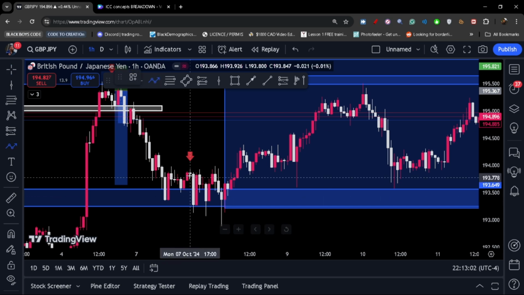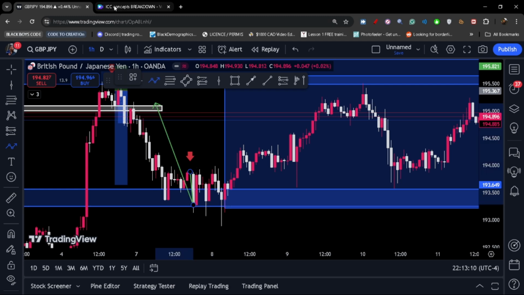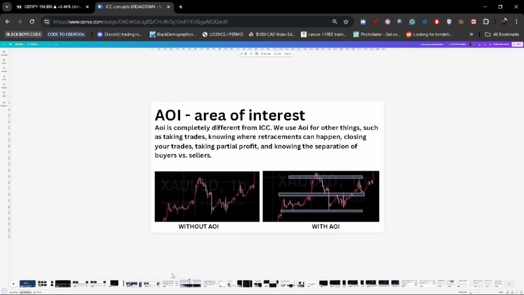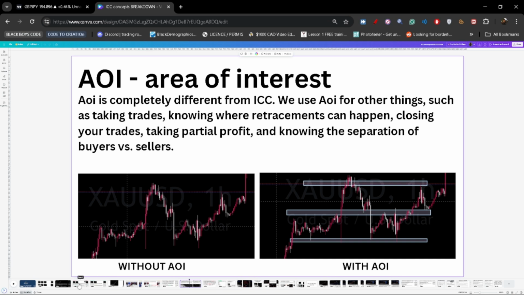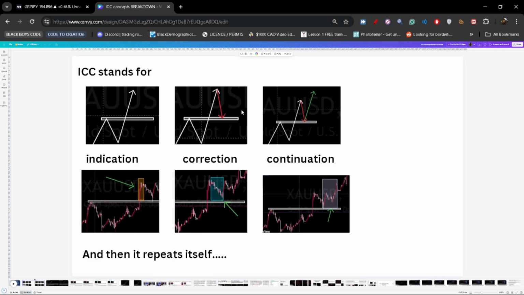Now this specific phase is basically the correction, or actually, what am I saying? This specific phase here is actually the end of the continuation phase. Because if we look at how the chart moves, price will give you the correction phase and then continue.